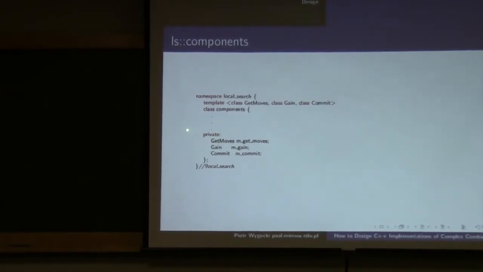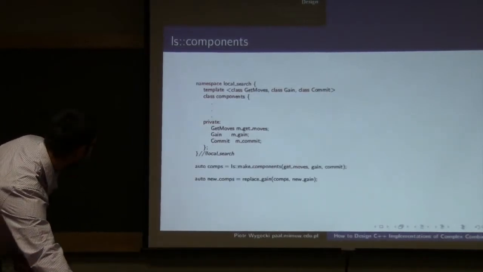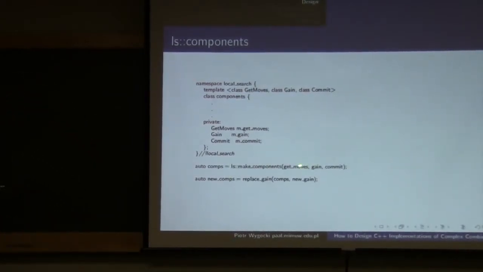This class is actually a tuple, something like a tuple containing these three guys, but we can provide a nice interface for calling this, and a nice way of creating this component. This class is called components. I think it's not the perfect name, but I don't have a better name. And we can have functions to replace one of the components here. So this is the first idea.